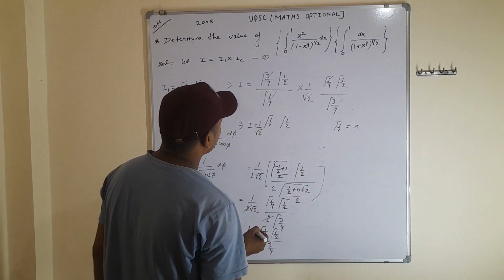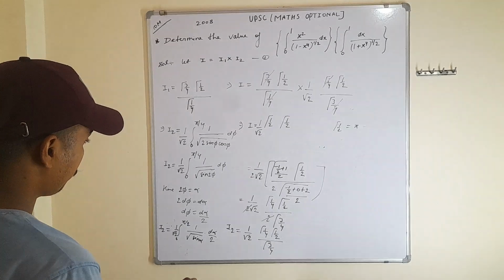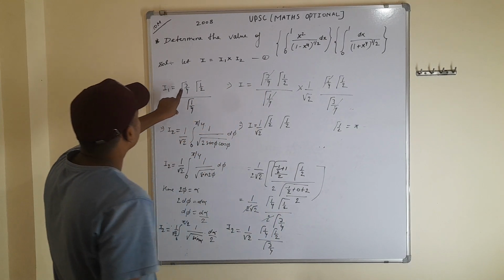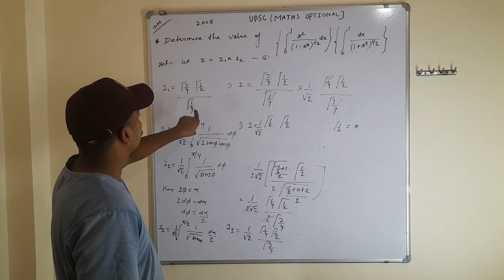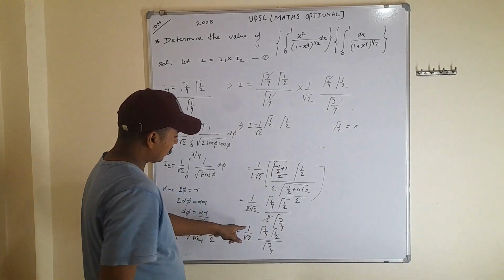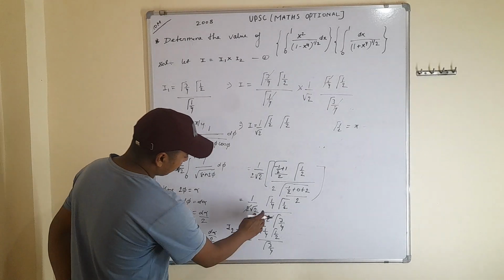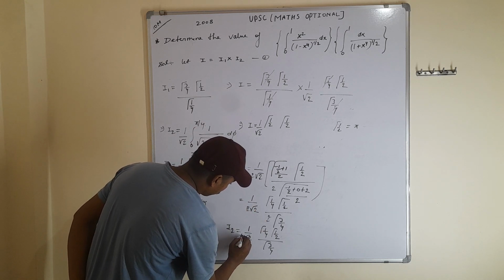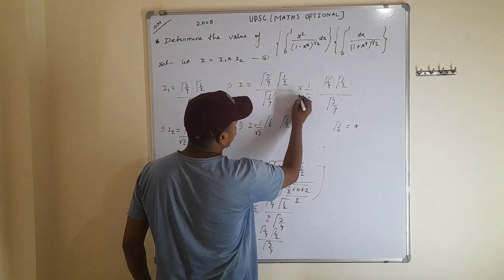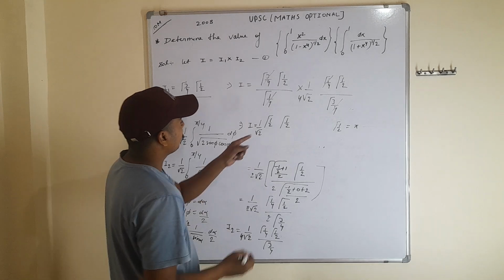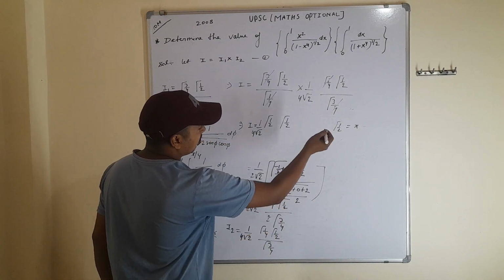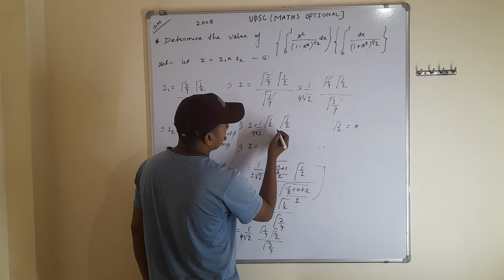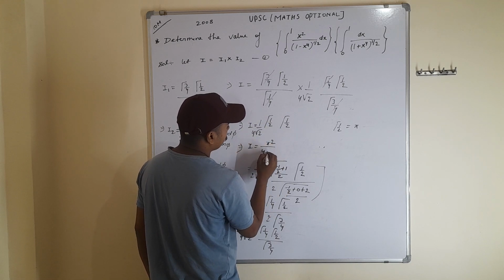So 1 by 2, 1 by 2 is 1 by 4, 2 2s are 4, 4 root 2, and gamma 1 by 2 is written as root pi, so the value of the given integral is pi into pi, that is pi square upon 4 root 2.